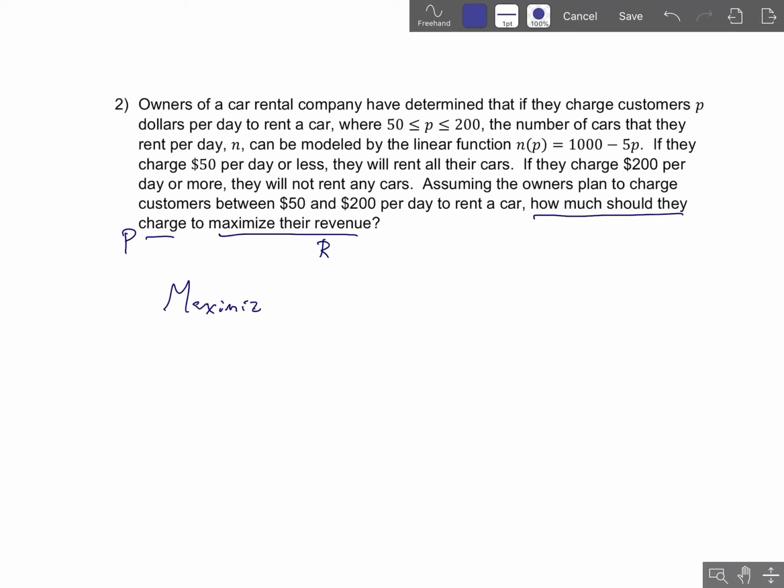So usually it's a good idea to express the thing that you want to maximize as a function of the thing that you want to find. So I'm going to try to maximize the revenue as a function of the price. Remember that the revenue is just equal to the price times the quantity sold, or in this case, I guess the quantity rented.